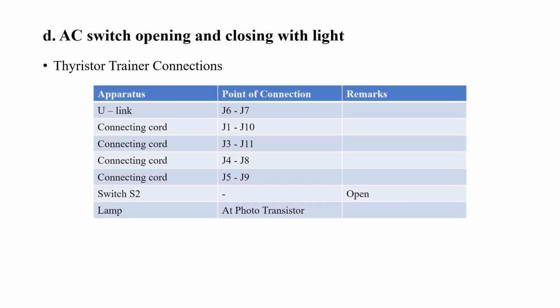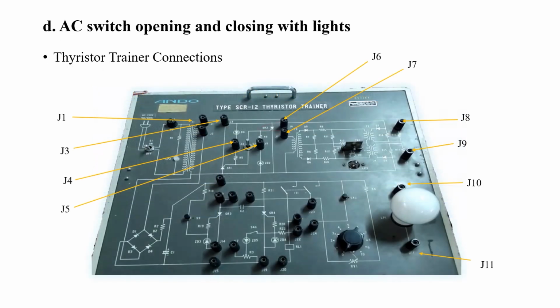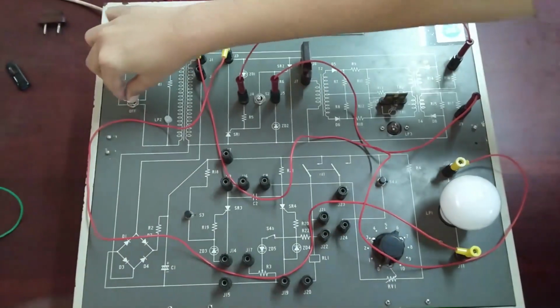This is the junction terminal connections as before. This is the wiring connections on top of the trainer kit. Let's move to the actual demonstration in the laboratory.